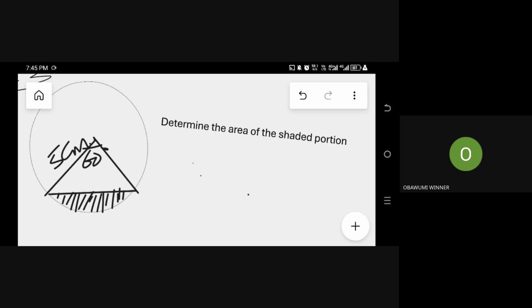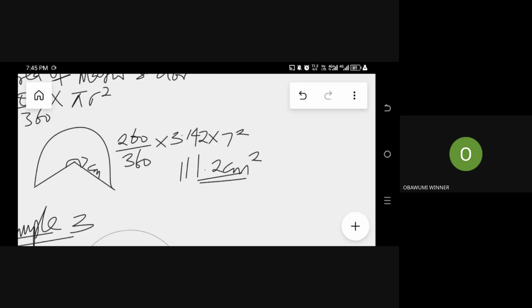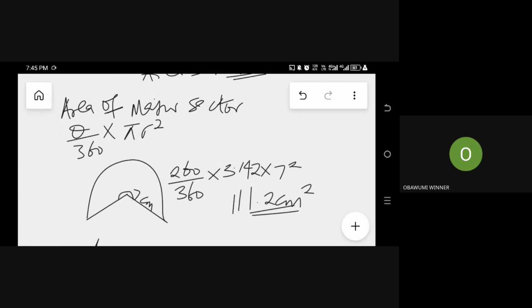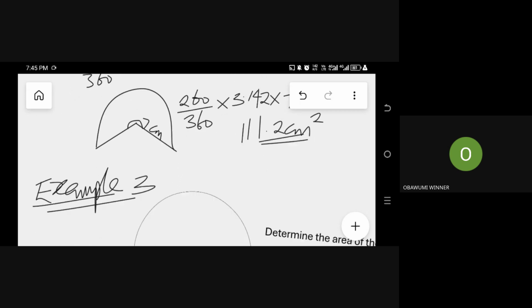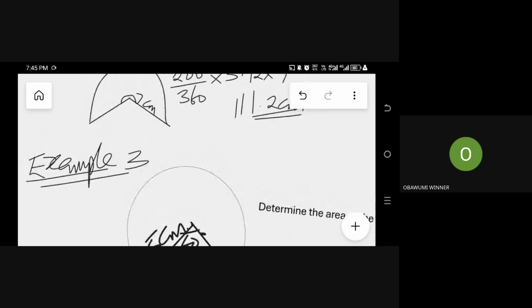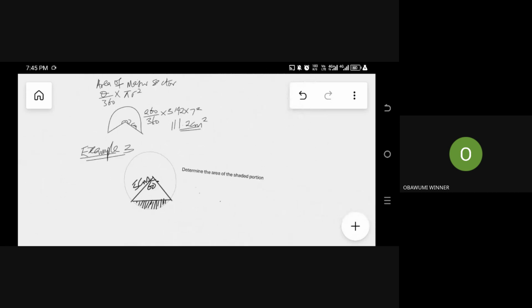If you recall from when we started the class, we said a segment is formed by an arc and a chord. That's what forms a segment. While a sector is formed by an arc and two radii, as we looked at here. If you look at the shaded part, it isn't formed by an arc and two radii.